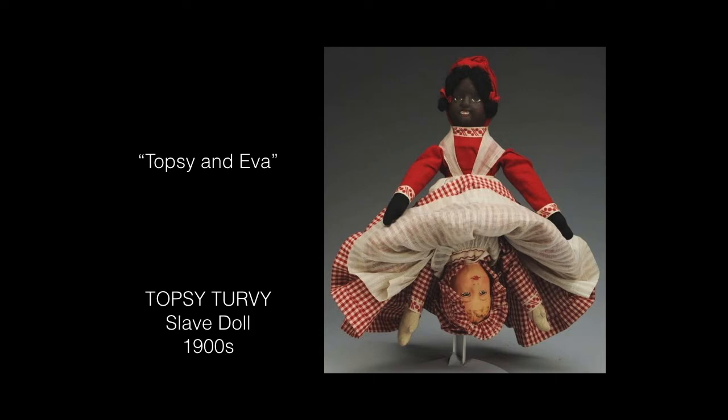But this story doesn't quite square with reality. These dolls were enormously popular, not just with black children, but also with white children. By the mid-20th century, they'd grown so popular, they were mass manufactured and widely available in department stores across the country. And today, they're mostly found in museums, private collections, and occasionally in contemporary art.